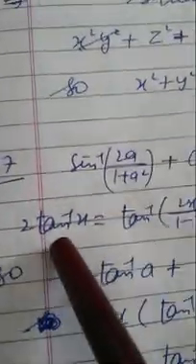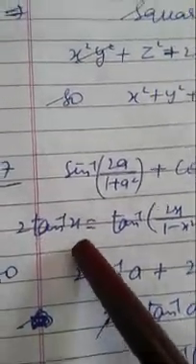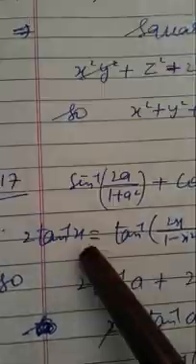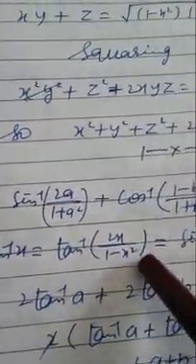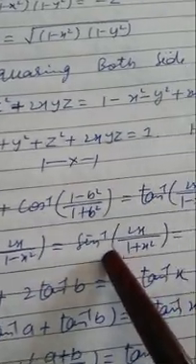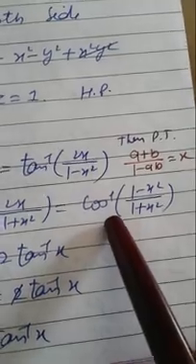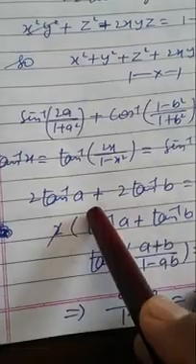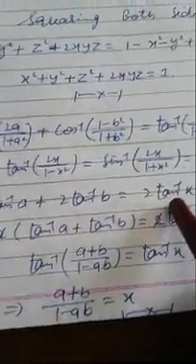Now we already know the formula of 2 tan inverse x. That is, 2 tan inverse x is equal to tan inverse 2x upon 1 minus x square, sin inverse 2x upon 1 plus x square, cos inverse 1 minus x square upon 1 plus x square. So if we use the formula in the place of sin inverse, cos inverse and tan inverse, we have 2 tan inverse a, 2 tan inverse b, 2 tan inverse x.